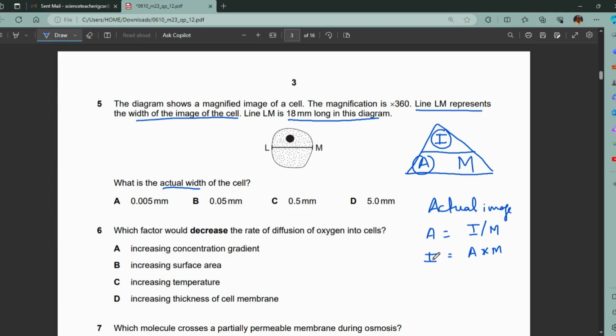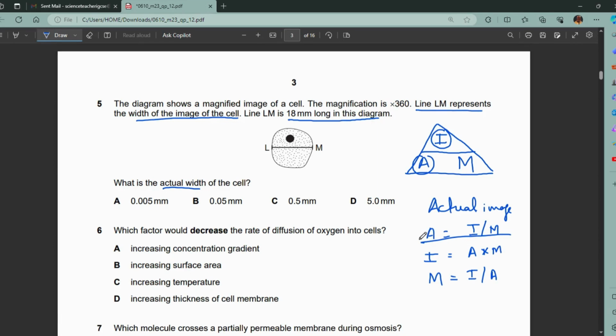So whenever I want to find out the image, I just multiply actual into magnification. But if I want to find out magnification, again there's a line between I and A, so it's very simple: I divided by A. So this is the formula for the actual width they want.